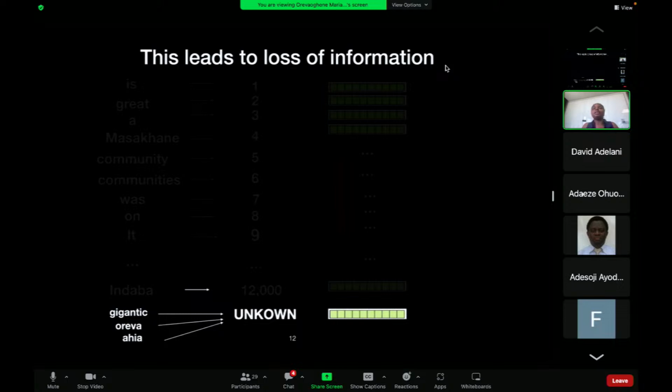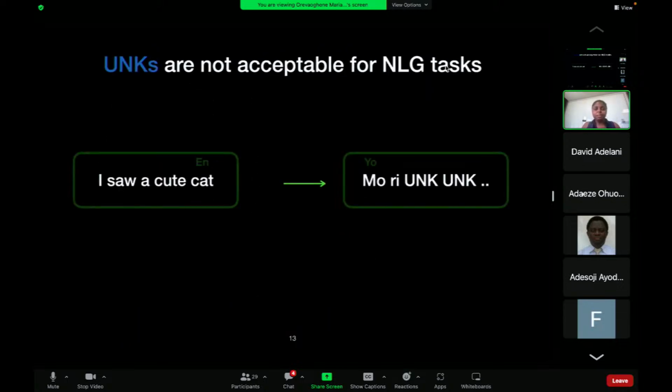Imagine so many tokens being mapped to just one representation. It doesn't make sense. The model cannot make useful predictions on such tokens. Another issue with UNKs is that they are not generally acceptable for natural language generation tasks. If you have a machine translation task, you want to translate this sentence to Yoruba, and imagine Google Translate just generates UNK, UNK.